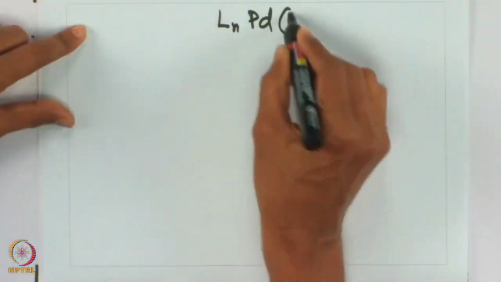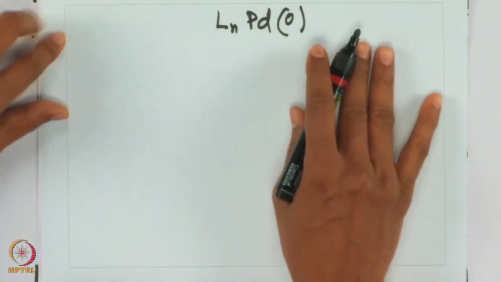Let us look at the simple steps of the Heck reaction that we are going to discuss right now. The Heck reaction intermediates and the reaction pathway: ligand palladium 0 is crucial for the reaction.